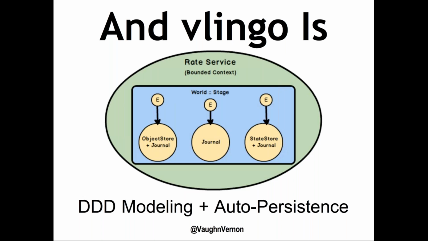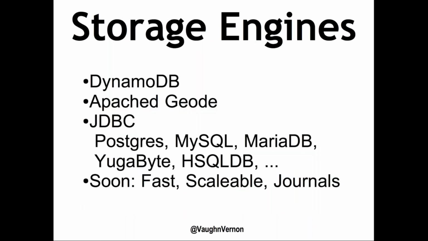So this is where DDD modeling and persistence meet. The storage engines that we support currently are DynamoDB, Apache Geode. JDBC drivers include Postgres, MySQL, MariaDB, Yugabyte, and HSQLDB. And in case you haven't heard this before, our Yugabyte compatibility is the Postgres compatibility.